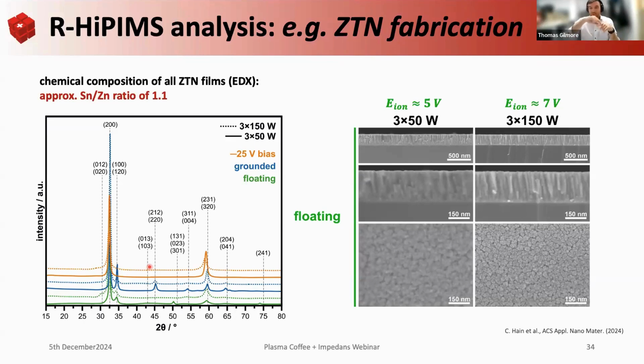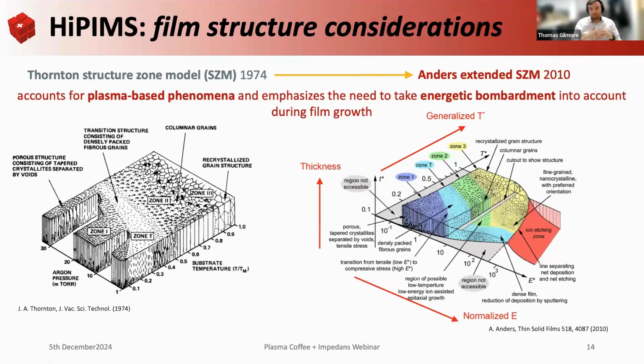So again, going back to that Anders diagram, you get different local heating effects on the surface with the different power being deposited. Yeah, exactly. It's really nice to see the reality of this diagram, with your diagnostic results linked to the real material properties at the end.